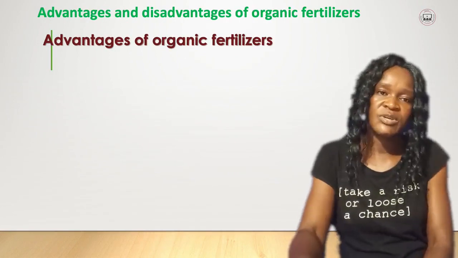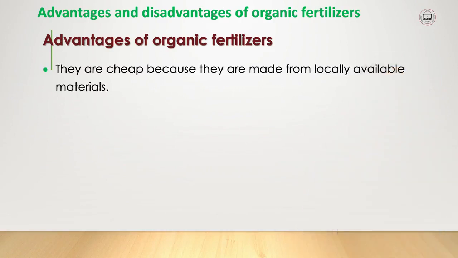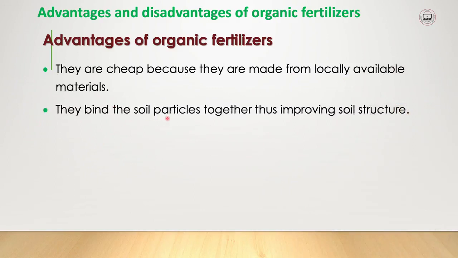So, what are the advantages and disadvantages of these organic fertilizers? Let us start with the advantages. The first advantage is that they are cheap. Why? Because they are locally available. They are made from locally available materials, making them cheap. And also, they help to bind the soil particles together.